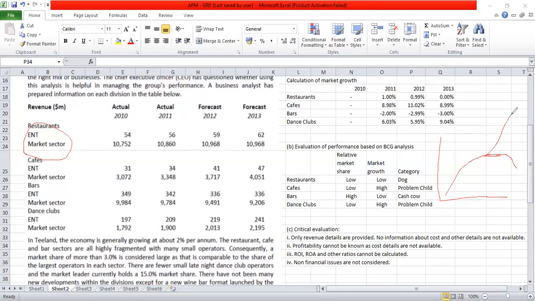So we cannot generalize that all those which fall under cash cows should next think about divestment, withdraw their funds before it touches the decline. So not necessarily.